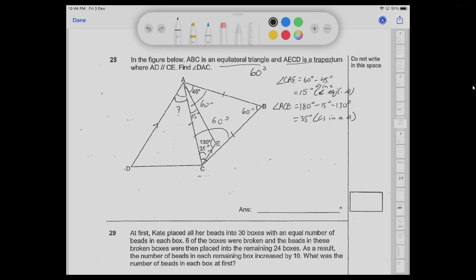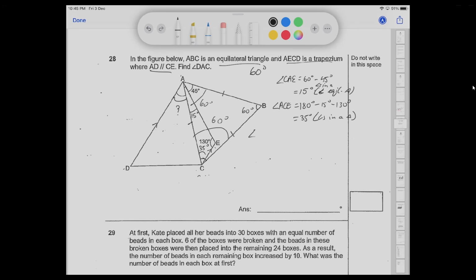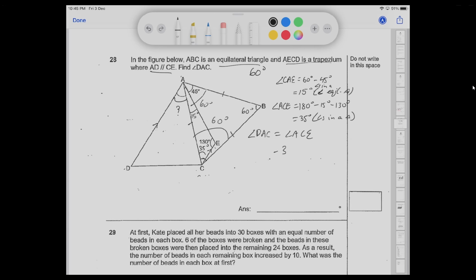The angle DAC is equal to the angle ACE because AD and CE are parallel, so the angle property is alternate angles. DAC equals ACE, which is 35 degrees.